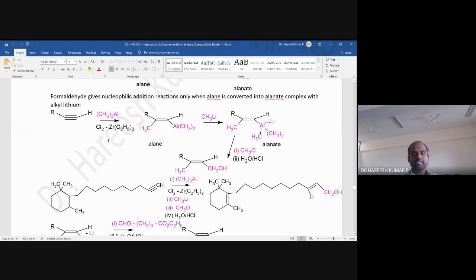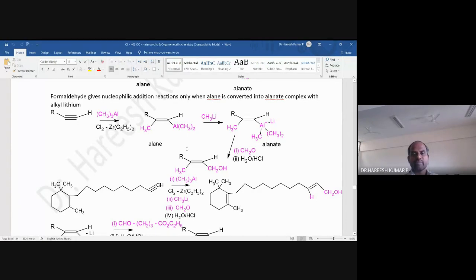So if the reaction is carried out on an alkyne, and the alkyne is treated with trimethyl alane, it will transfer the methyl group to the more substituted carbon atom, and aluminum will form a bond with this carbon. That is how the intermediate is obtained.